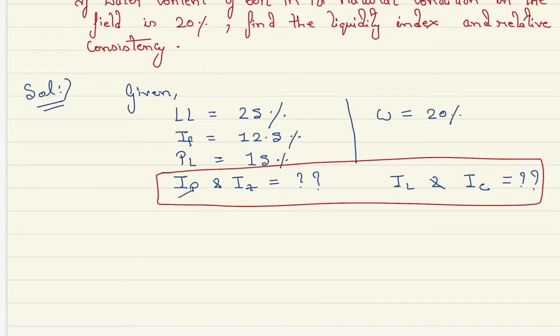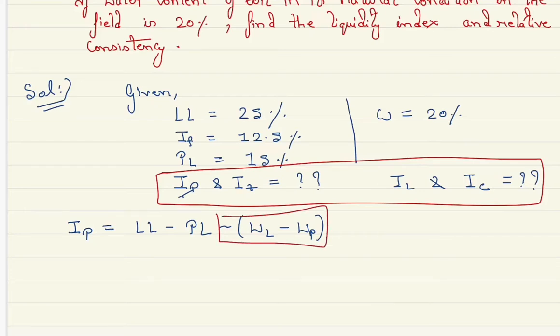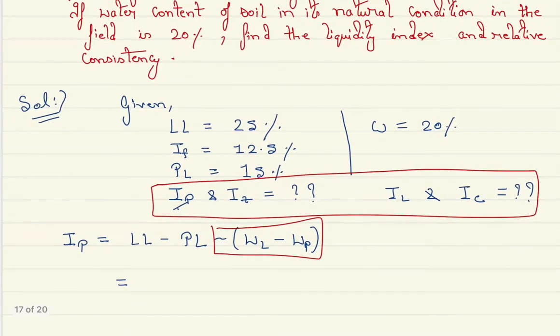Firstly, we know that we need to find IP. IP is given by liquid limit minus plastic limit. We know this. Alternatively we can also write it like this: liquid limit minus plastic limit.